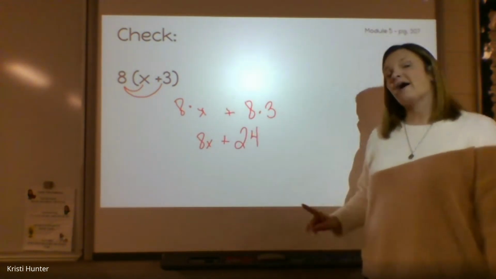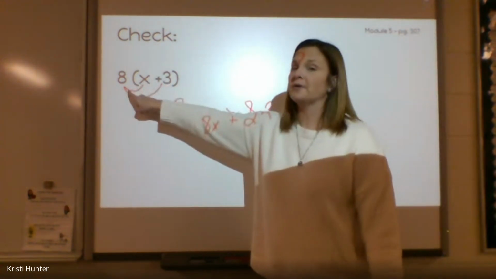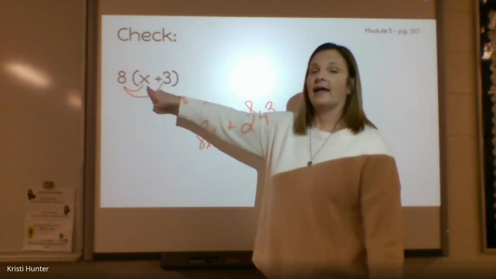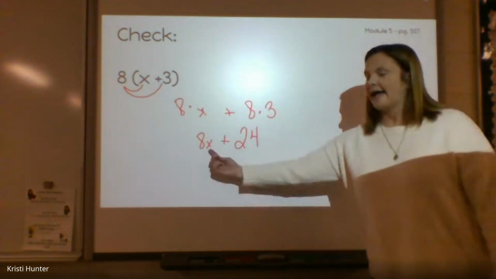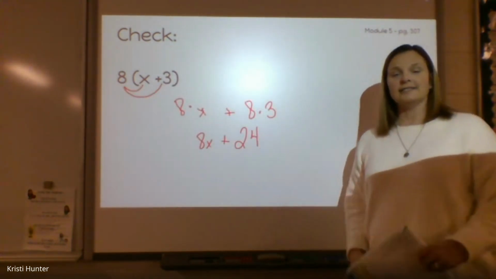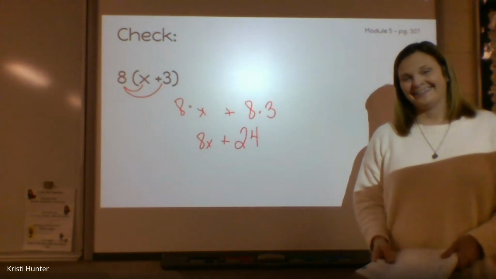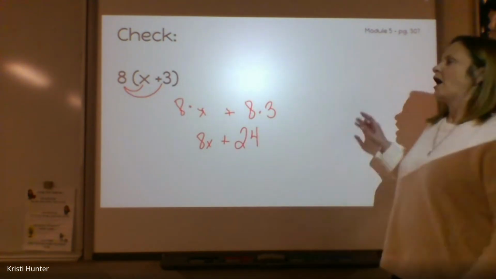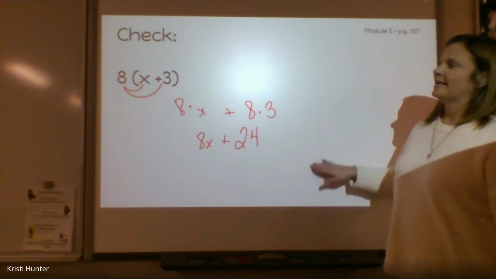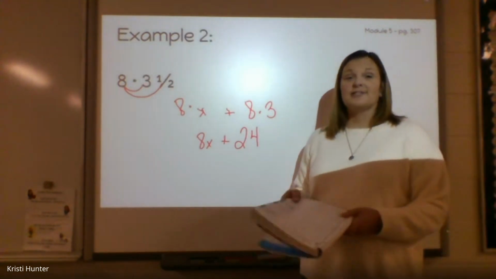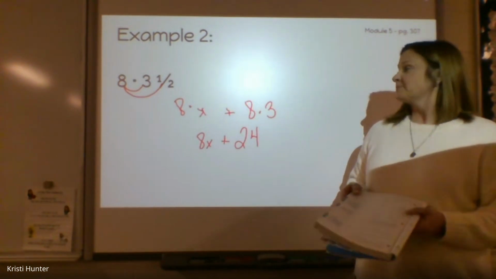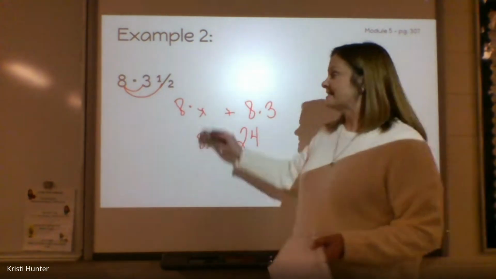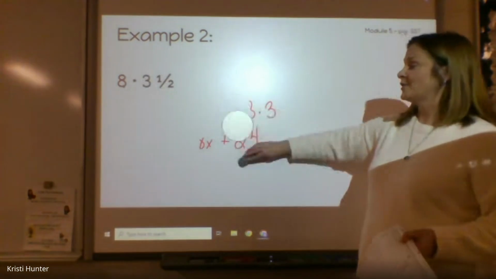So when I evaluate using my distributive property, give 8 to x, give 8 to 3, I have 8x plus 24. Very good. All right. If you need more examples, you may pause the video and work a couple more out on the board. If not, let's continue to example 2.